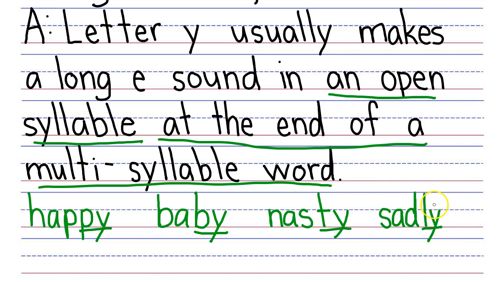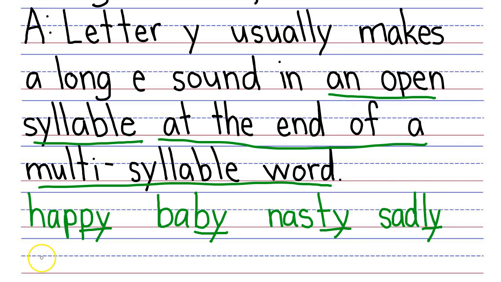We know Y is a vowel letter because it's at the end of a syllable, not at the beginning of a word or at the beginning of a syllable. So we can check this box, and it's at the end of a multisyllable word. This is 2 syllables, sadly. And so the letter Y will usually make a long E sound. And it does, sadly. And next word, dirty.